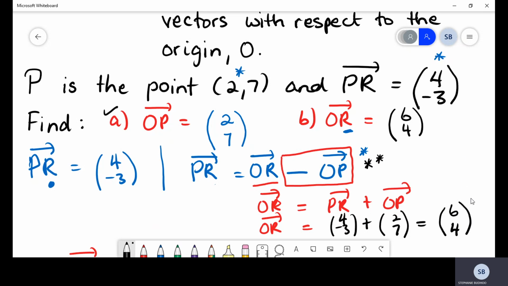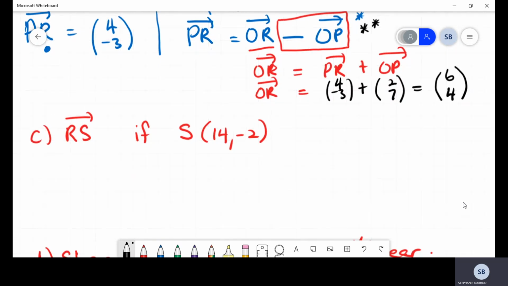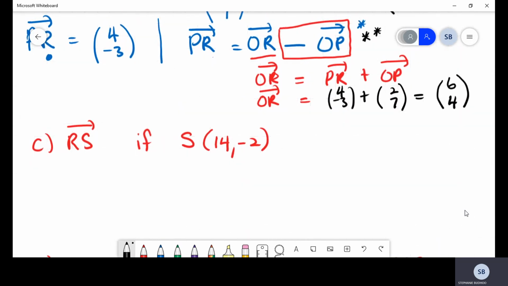Okay, so let's look at another question. I think I have one more on screen. Okay, so look at this question here. They want us to find RS. Now, once again, we can try to apply our vector rule, and we can split RS into OS, subtract OR.